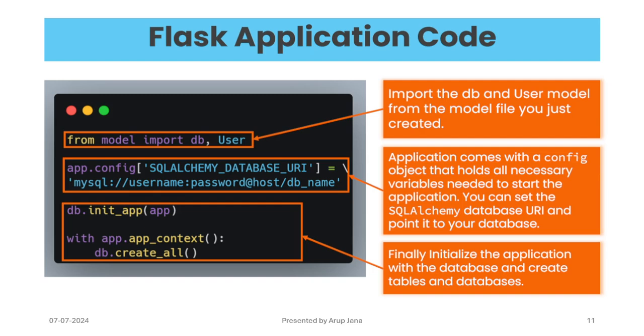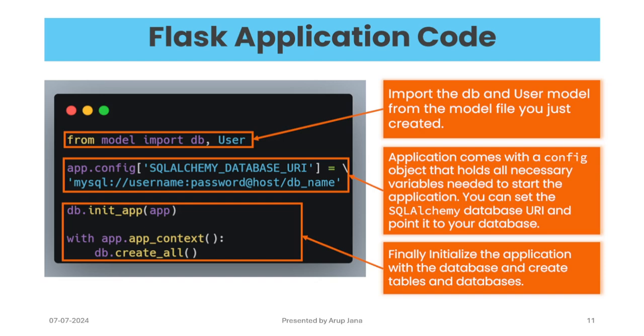Right now I'm using a MySQL database. That's why you can see the URI looks like this: mysql, then a colon, and then 2 forward slashes, and then you write your database URI. First you need to start with the username. Most of the time your MySQL database username is root, so you can use root, or if it is something else that you know, then you can use that name.